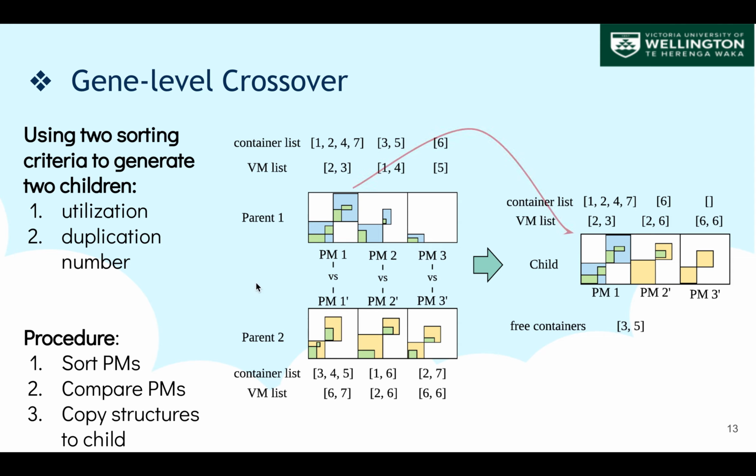So for example, when we compare these two PMs and the first one has a better utilization, we copy all the structure into the child, including virtual machine types and the number of virtual machines and the containers. After that, we copy the other one and the third one.